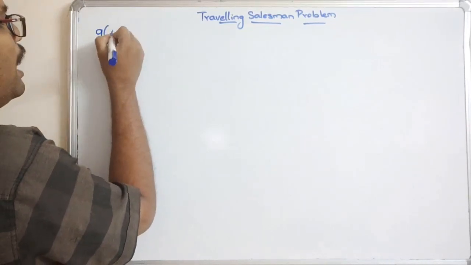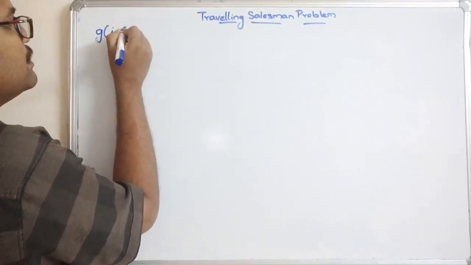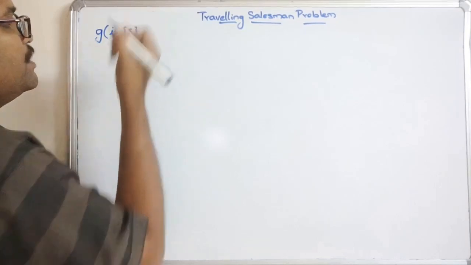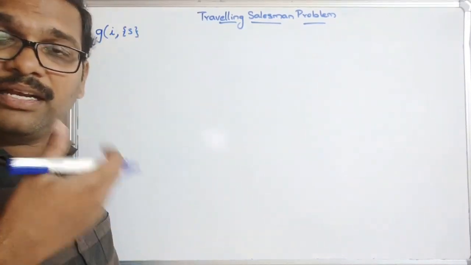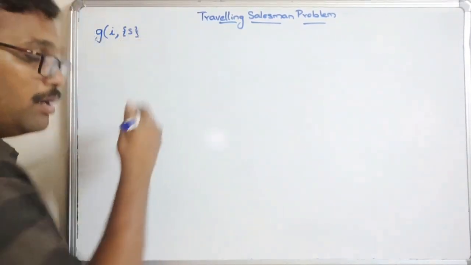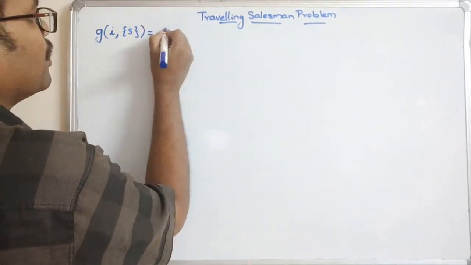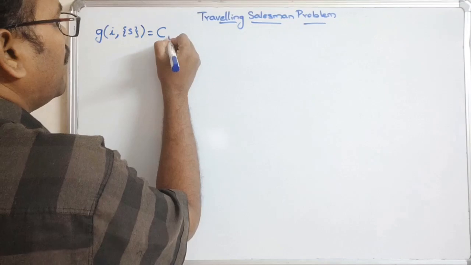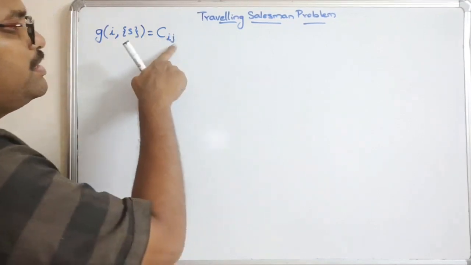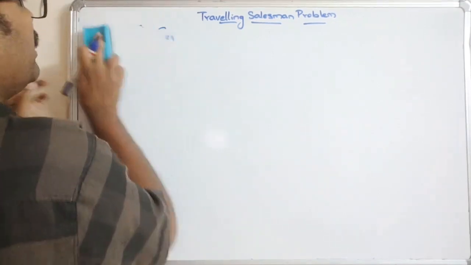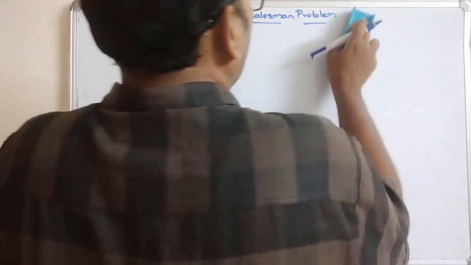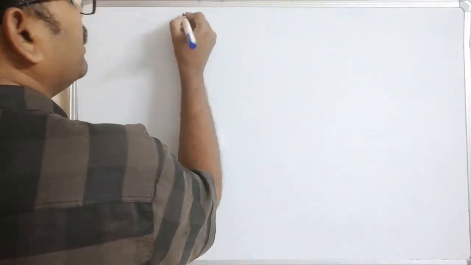The function g of I comma S, where S stands for the set which contains a number of elements, or we can say vertices, is equal to... I'll erase this one and write here.